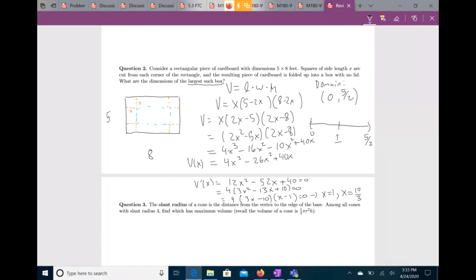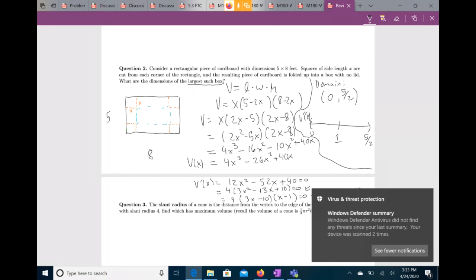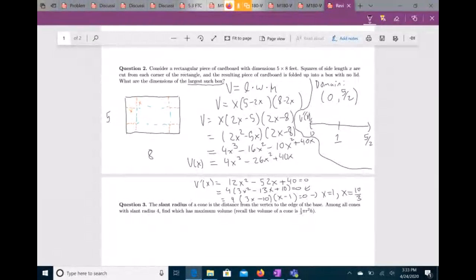Okay, and if I plug in something between 0 and 1 into V prime, I'll get a negative times a negative, which means the overall sign is positive.